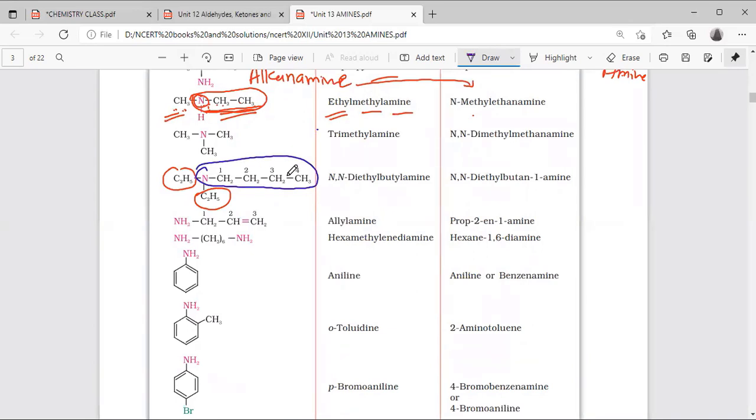So 4 carbons, that's why butanamine actually. Butane plus amine, butanamine. But in the butanamine, ethyl groups are there. These are present on nitrogen. So diethyl, where it is on nitrogen. So N comma N, N,N-diethylbutanamine.